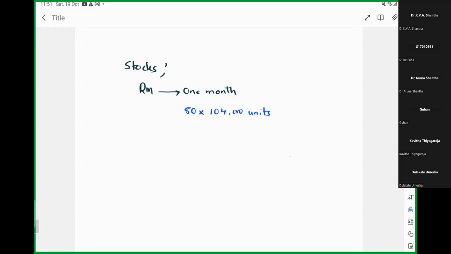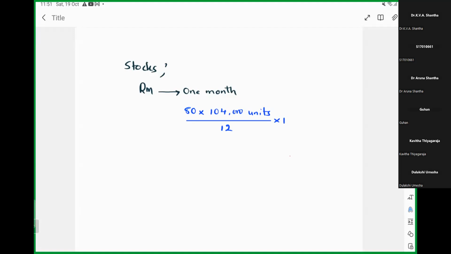So this is the annual raw material cost. Out of that, 1 month of raw material stock you maintain, so this is divided by 12 multiplied by 1.